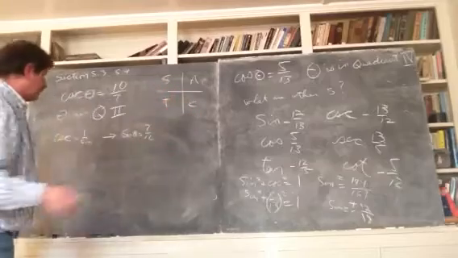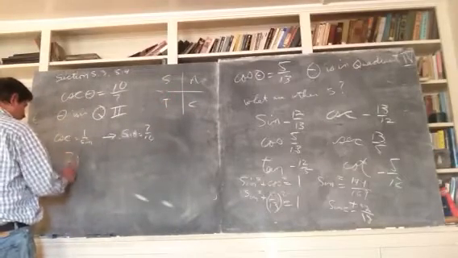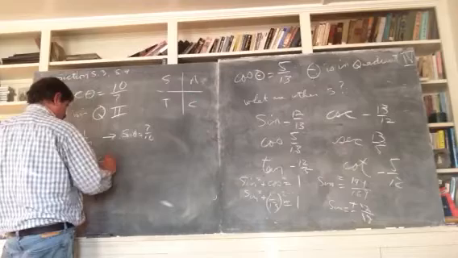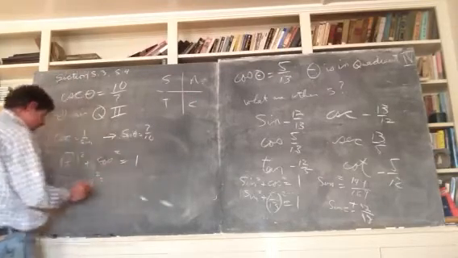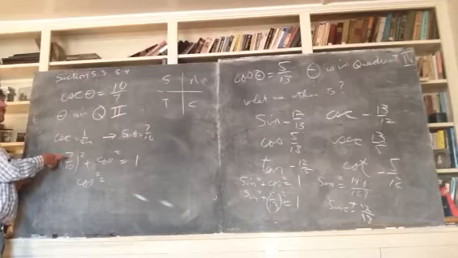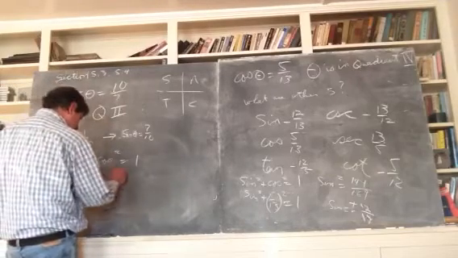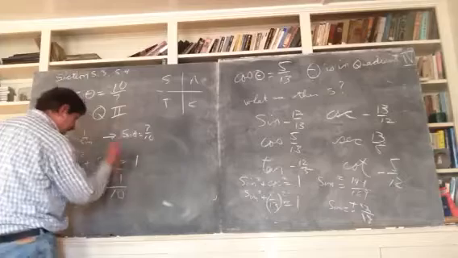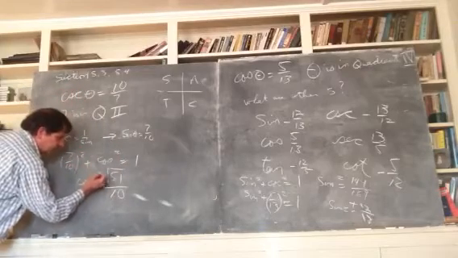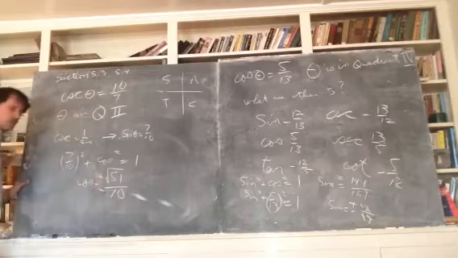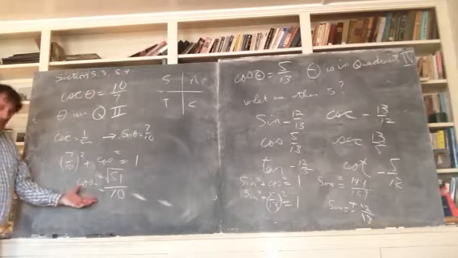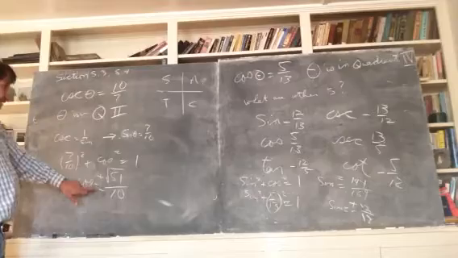Now it's a problem like the one on the other board. 7/10 squared plus cosine squared is 1. Cosine squared is 51 over 100. Cosine is plus or minus the square root of 51 over 10. Because it's in quadrant 2, it's negative.